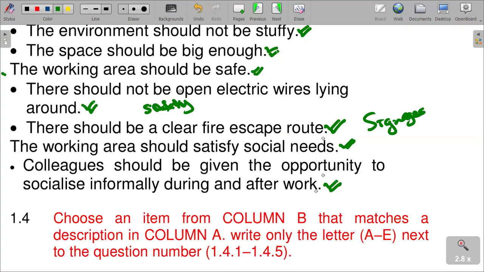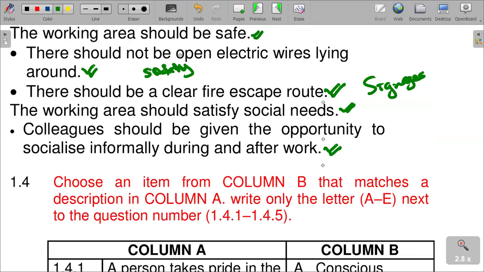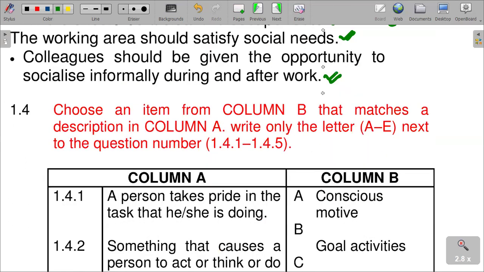That can also help to improve productivity, because at certain times when formalities are too high and too stringent, they affect the performance of employees and productivity is compromised.